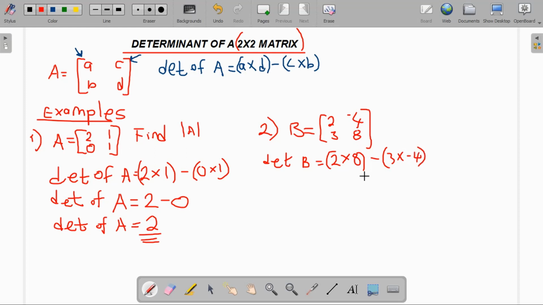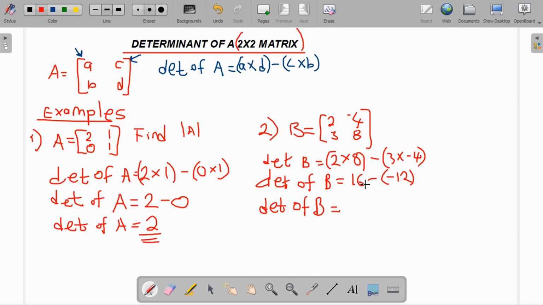So 2 times 8 is 16, then minus 3 times -4, which gives us -12.